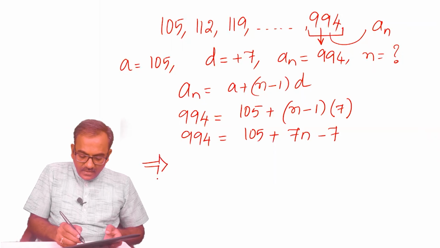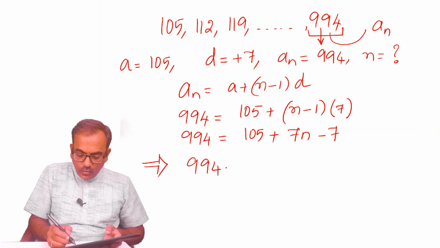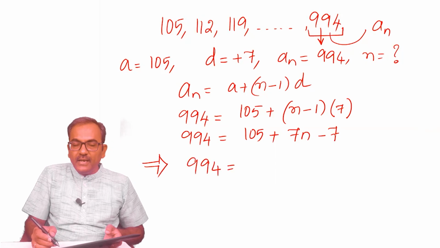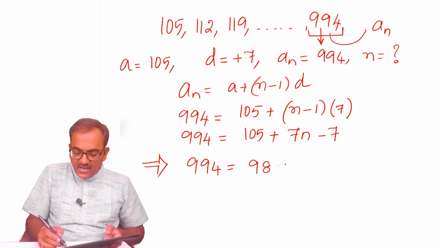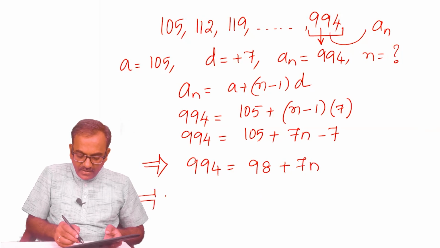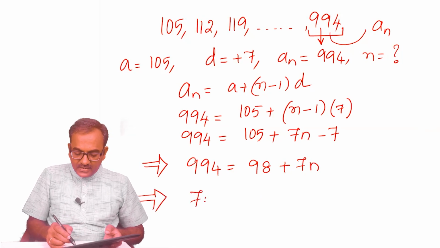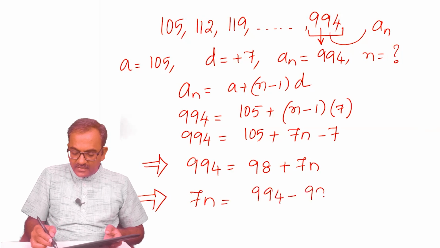Again, let us simplify. 994 equals 105 minus 7 is 98 plus 7n. Now we need to determine the value of n, that is 7n is equal to 994 minus 98.